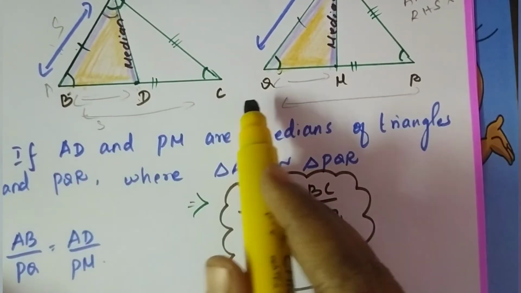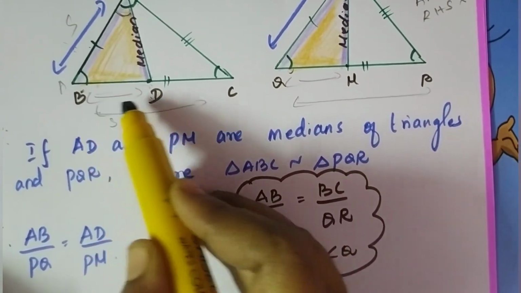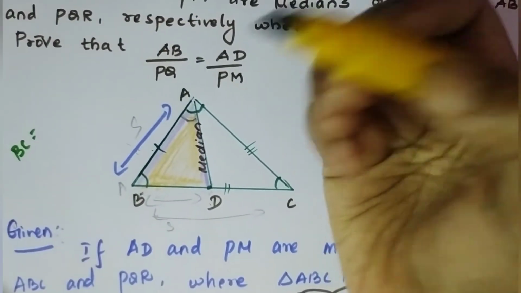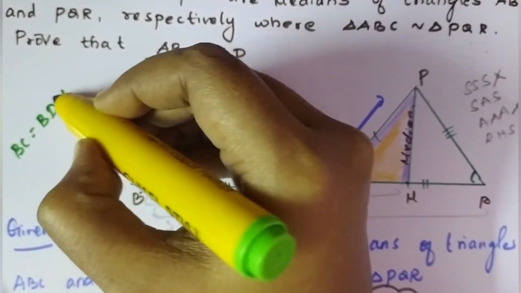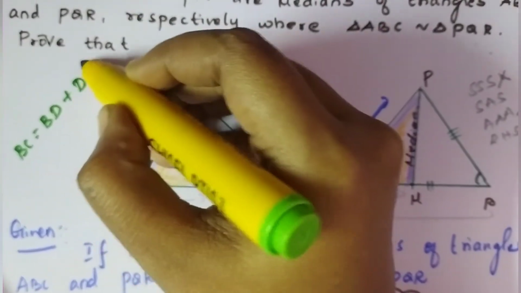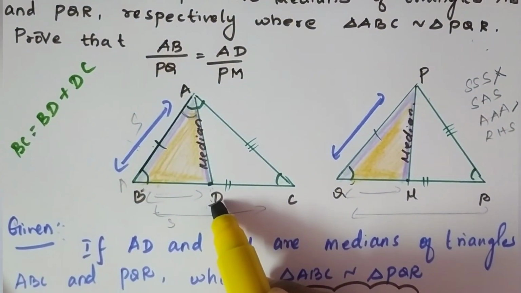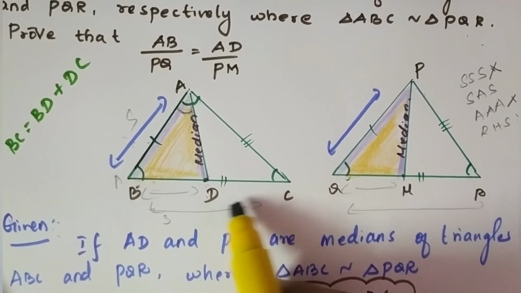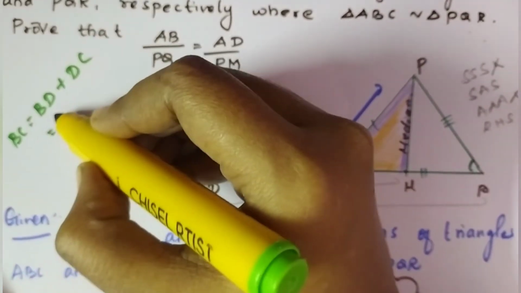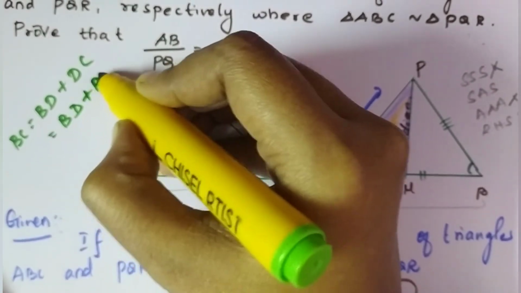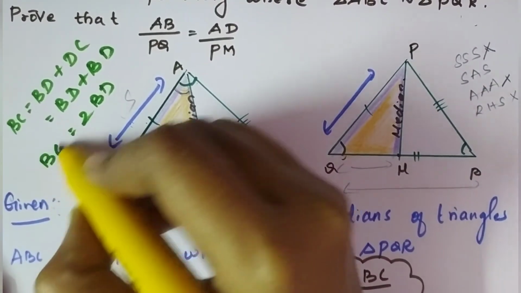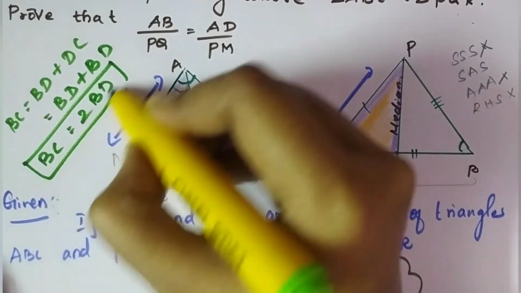Instead of BC, I am going to write 2BD. How can we write BC? BC is BD plus DC. Since D is a midpoint, I can write BD instead of DC. So BD plus BD is 2BD. BC is equal to 2BD.